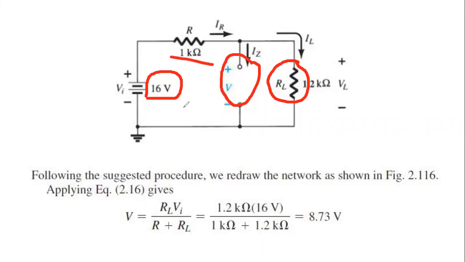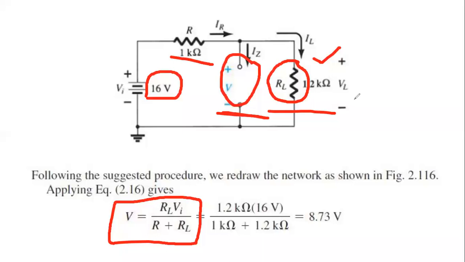So we can easily find out how much voltage is applied across RL. Because if we find the voltage across RL, the voltage will be the same across the Zener diode, because the two branches are parallel.